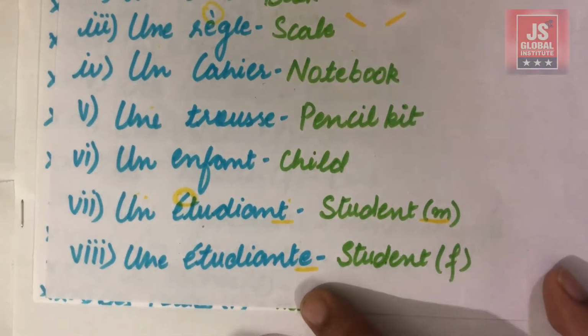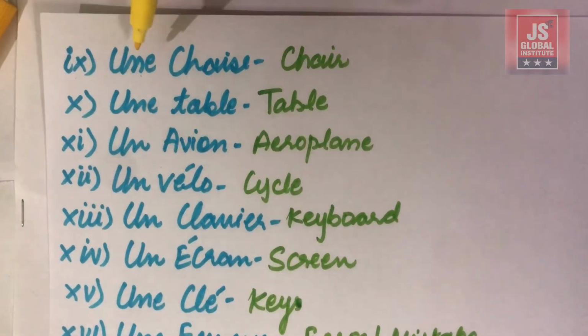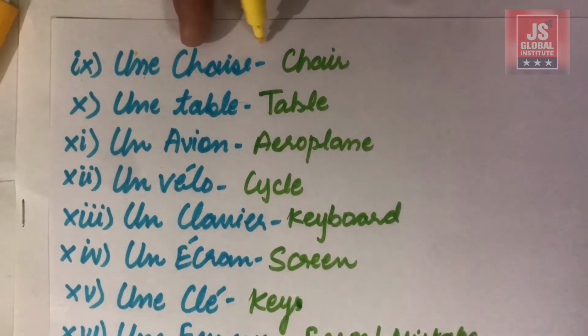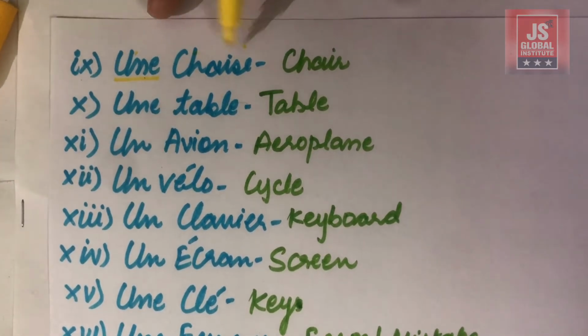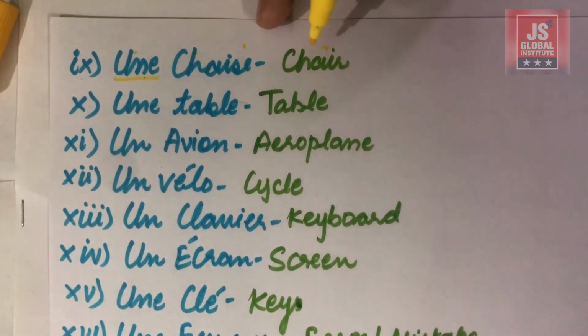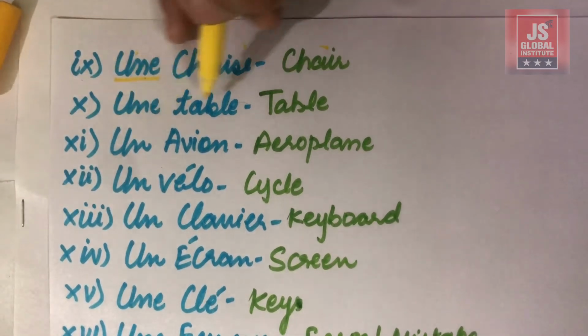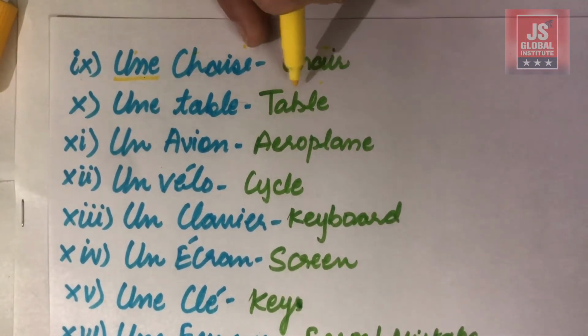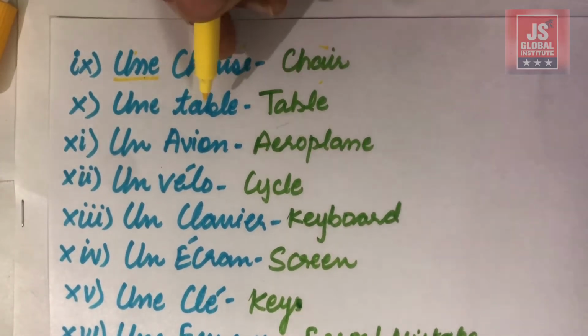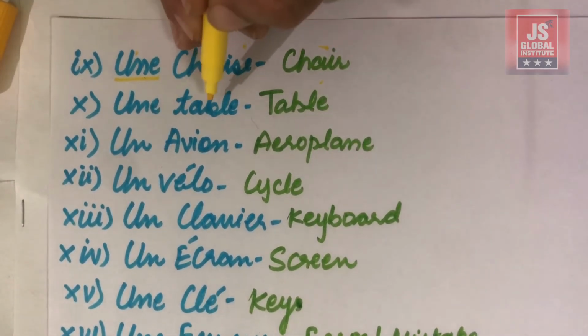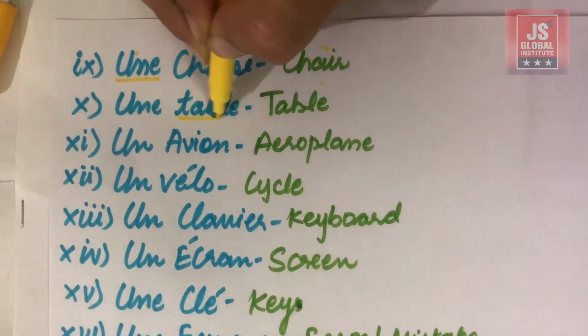Right, so moving on, next is une chaise. Repeat after me, une chaise, that is chair. Alright, une table. So the spellings are basically same in English and in French, but the pronunciation is different. Here it is not represented as table as that in English.